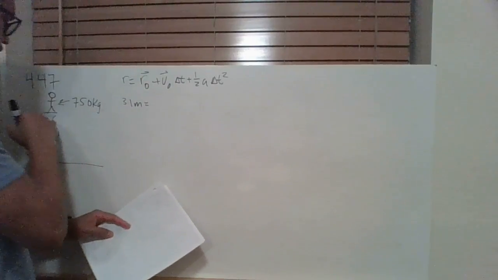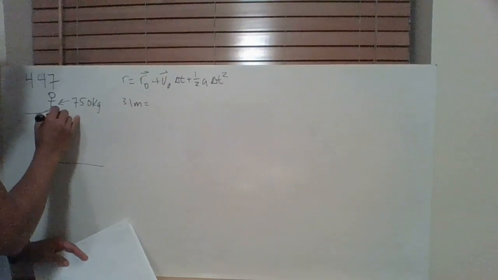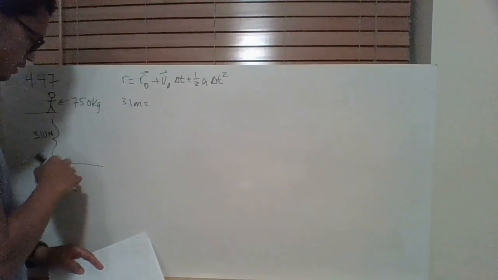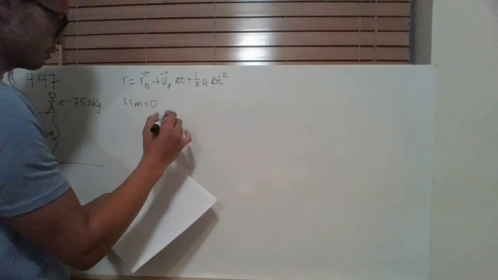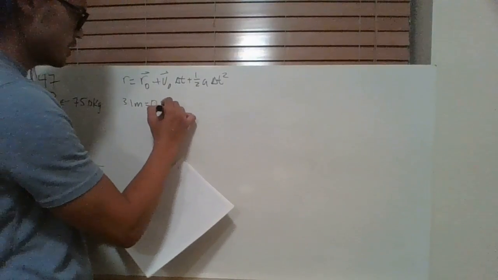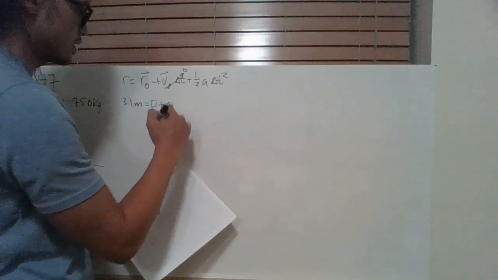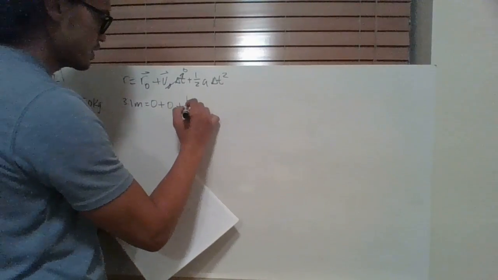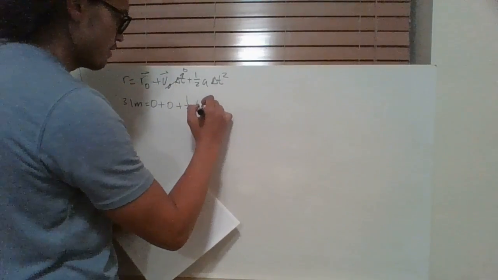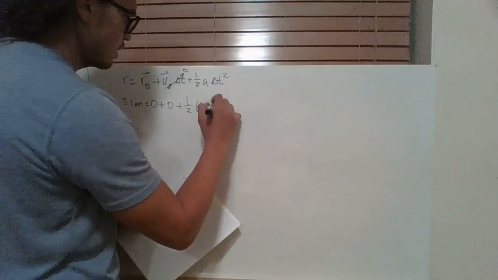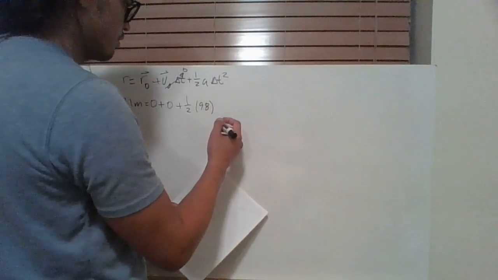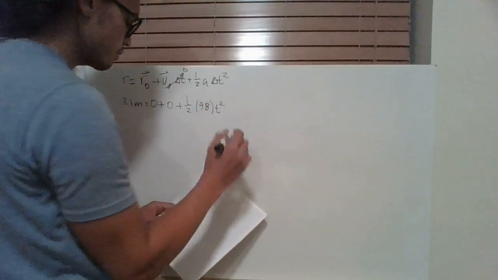His starting position, as we're going to make where he's at, is 0. His initial velocity is 0, so you can cross this out and make it 0. His acceleration is just gravity, so 9.8, and then we have t squared.